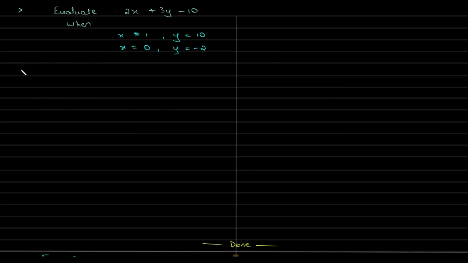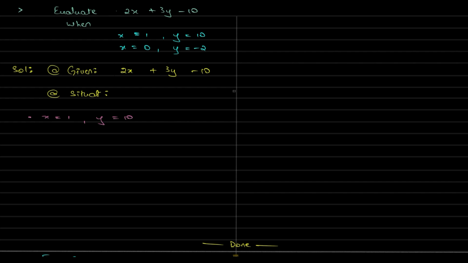So we are looking at 2x plus 3y minus 10, and a situation wherein x is equal to 1 and y is equal to 10. There are two variables over here, x and y.